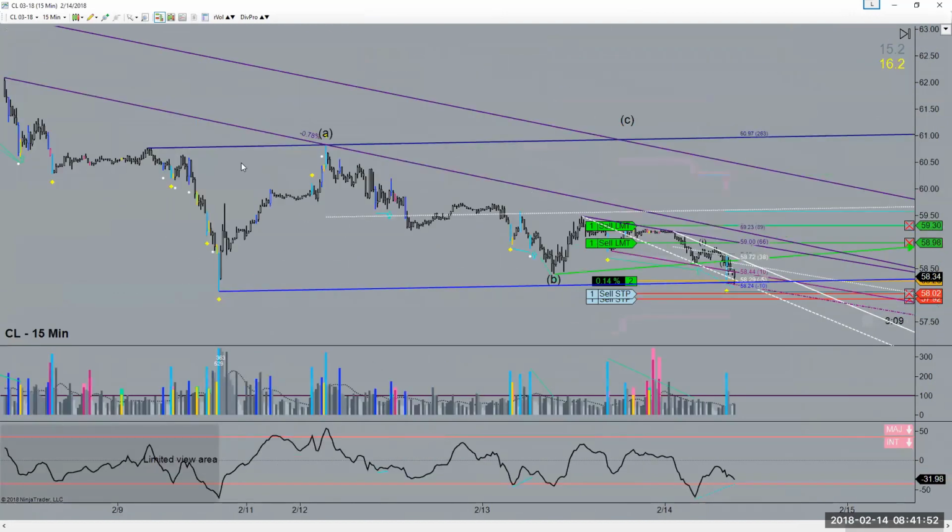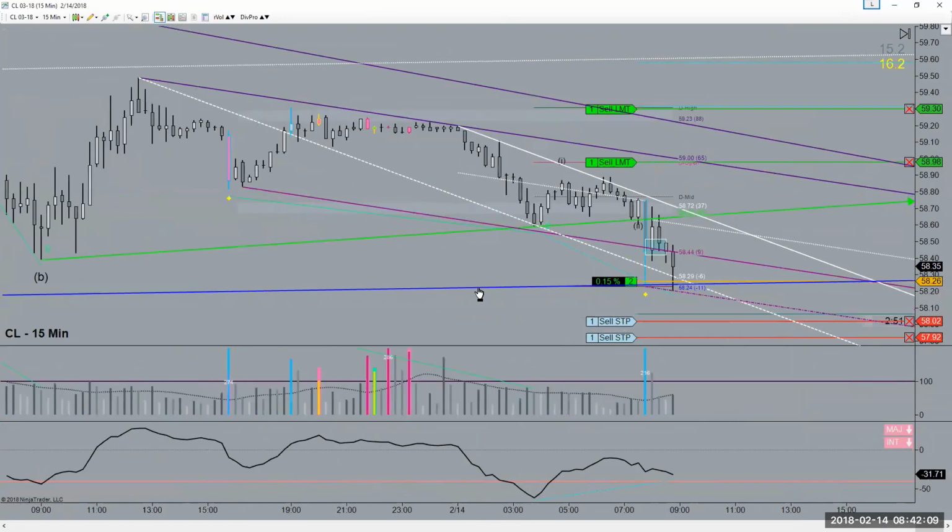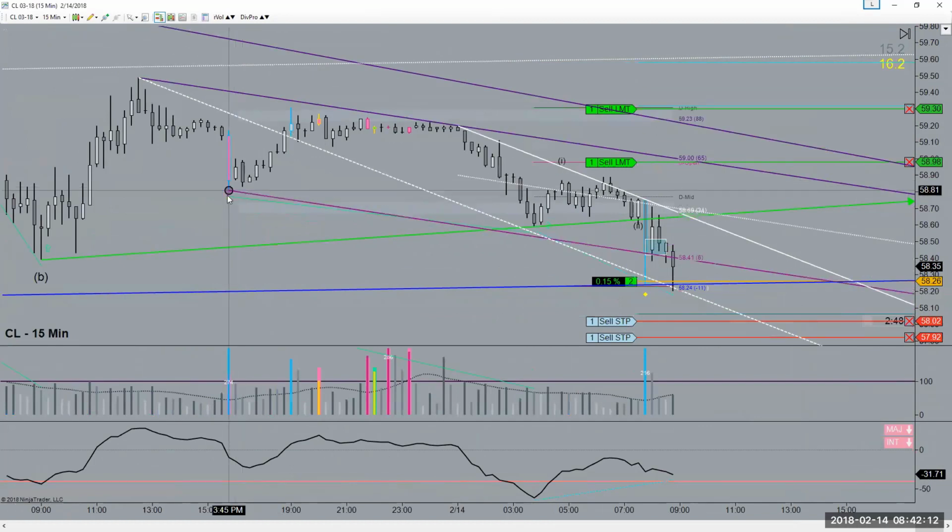You've got this channel, which is a little bit of a weird one, but it did come down to the actual bottom of the channel, to the extreme low here. Right where that center median line intersects it. And we turn down from this upper median line.